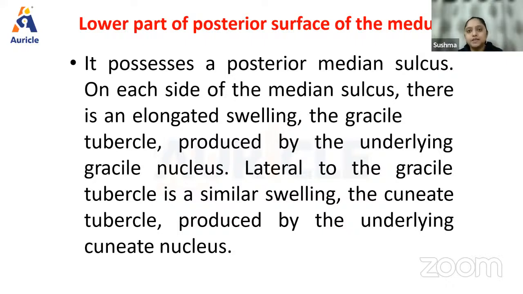Dorsal column pathway sensations. Vibration is gone. Proprioception is gone. Crude touch is gone. Right? So on the lower part of the posterior surface of the medulla, I have the nucleus gracilis and nucleus cuneatus. Because they are present, there is a swelling called the gracile tubercle and the cuneate tubercle.